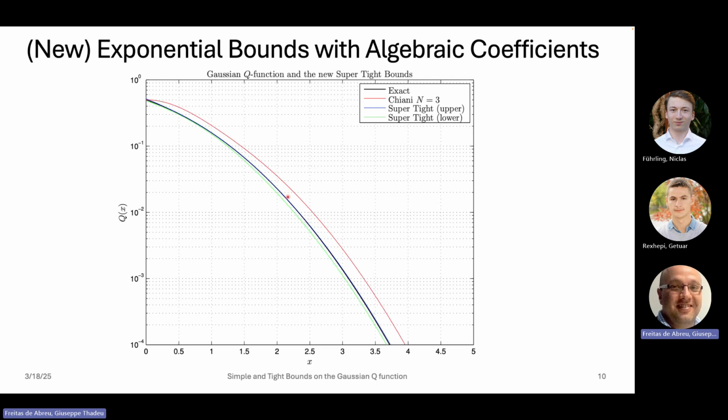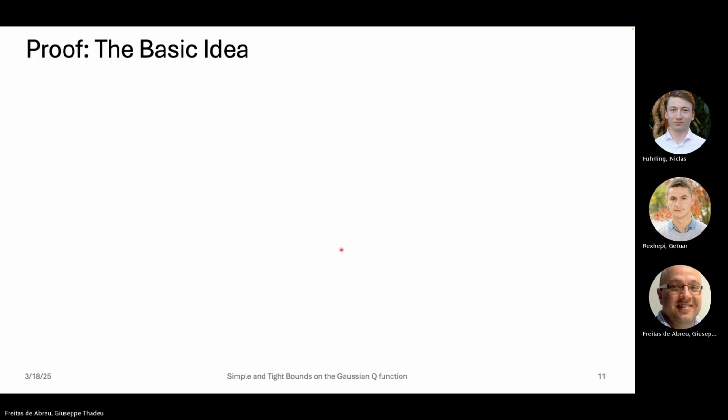The black line is pretty much overlapping with the blue line. So the upper bound is extremely tight. But also the lower bound is already much, much tighter than any other bounds that you have out there. And needless to say, none of the previously mentioned work addressed lower bounding either.